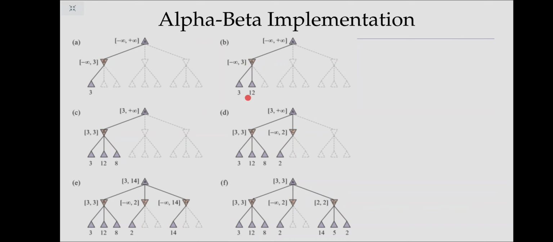The next child is 12. 12 is greater than 3 and beta is not updated. Again, check the third option.